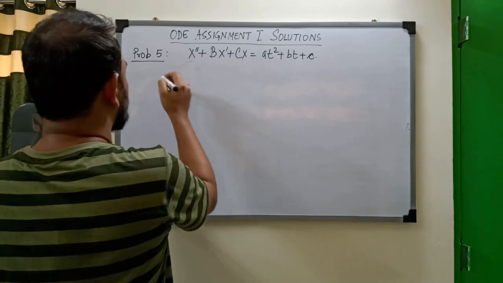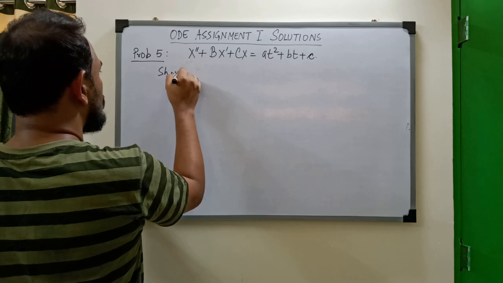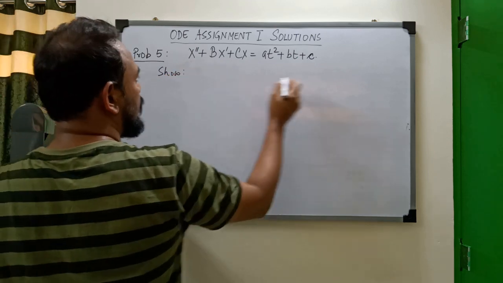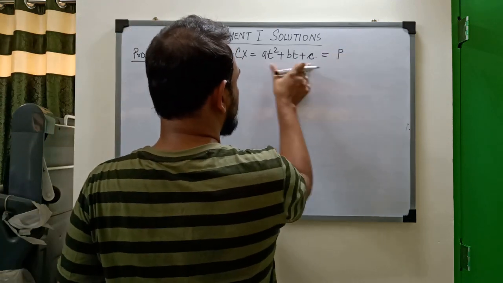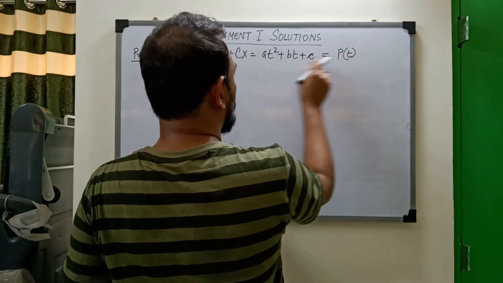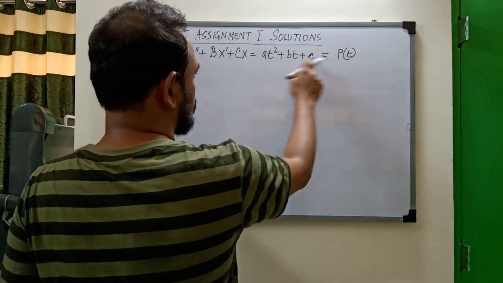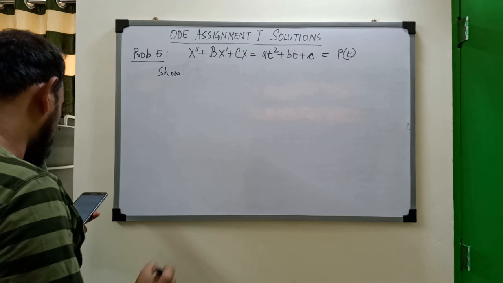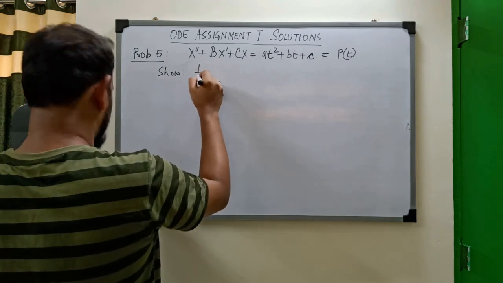The question is, you have to show that this will be, and I'm calling this capital P, the right hand side is the polynomial. It's a polynomial of degree 2. It's a quadratic in t. So you have to show that this is the particular solution.